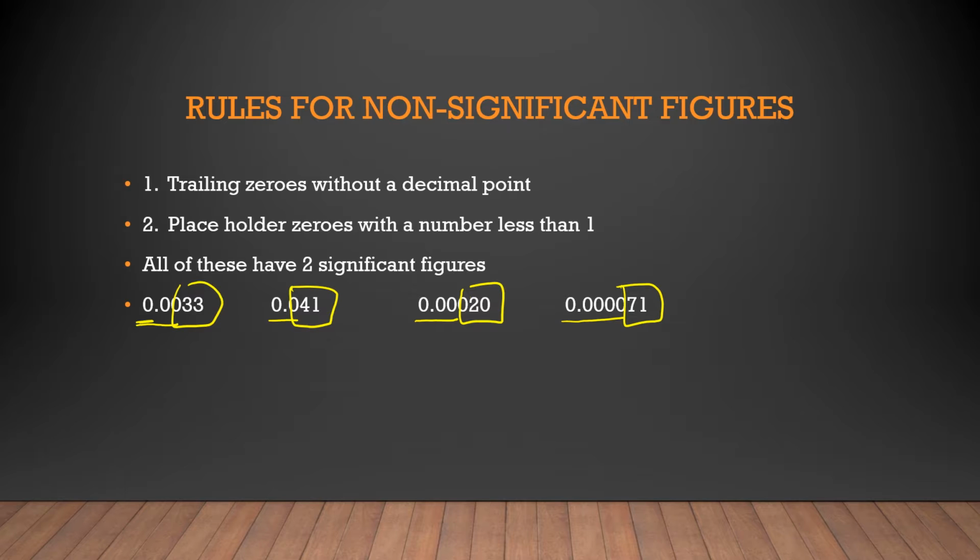And you can see here that 0 is significant there because, well, it is meant to be there. Somebody had the resolution to say that this is 20 10,000ths as opposed to just 2 10,000ths.